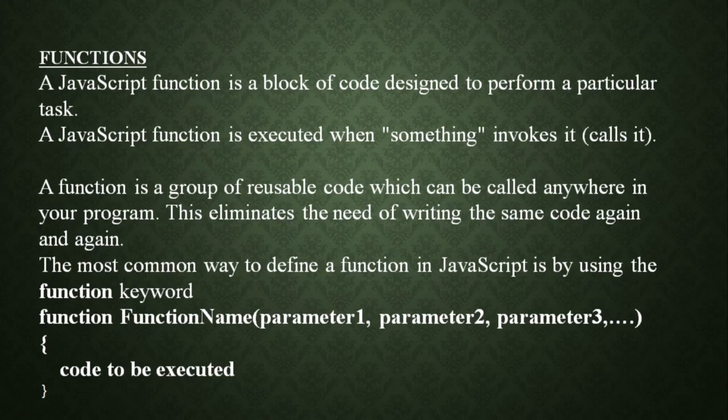How do we define it? The most common way to define a function in JavaScript is by using the function keyword, followed by a unique function name, a list of parameters, and a statement block surrounded by curly braces. Here, function is a keyword, then the function name, parameters list, open brace, and the code that is to be executed.